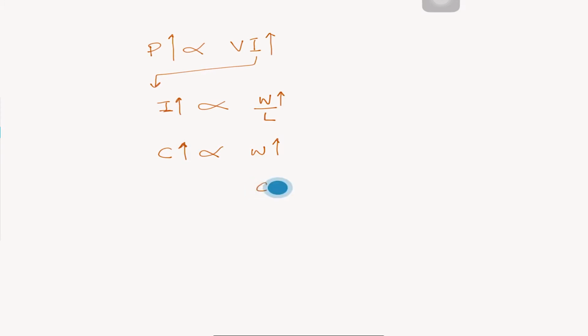And when capacitance increases, current increases, because if you remember, current through a capacitor is proportional to the capacitance per unit area of that dielectric and the change of voltage across the capacitor. So the larger the swing of the voltage across the capacitor, the more current there will be. And at the same time, for a given voltage swing, if the capacitance of the dielectric is more, then current will also be more.